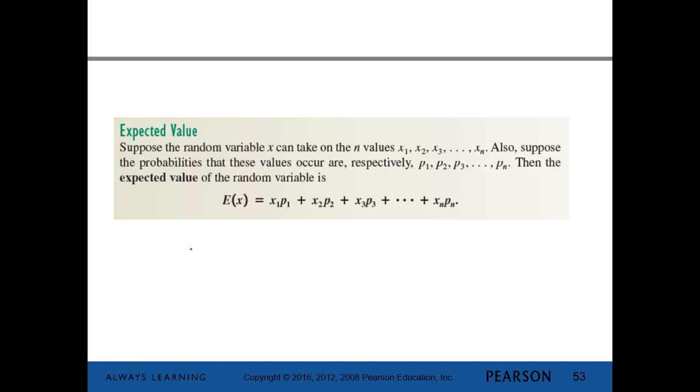Okay, so the formula for expected value is also given shorthand using sigma notation. And so what this means is that we're going to take the sum of the products. Okay, so this is sigma notation. It says we're going to take the sum of all of the products of X times its corresponding probability.